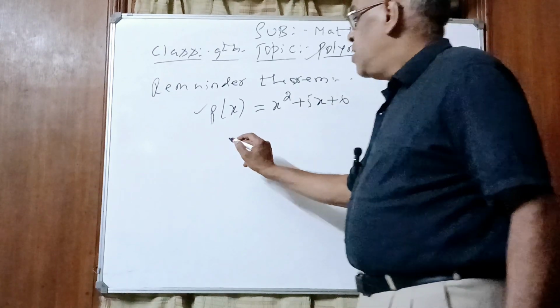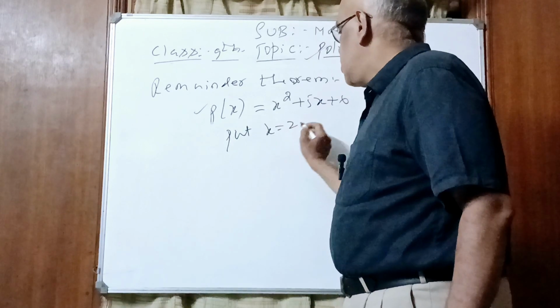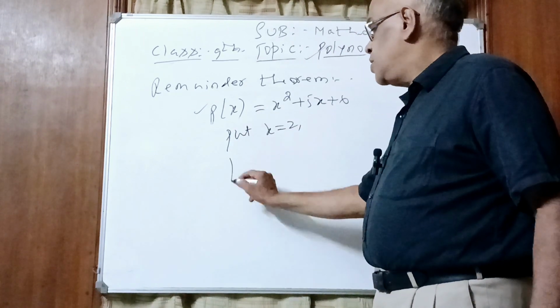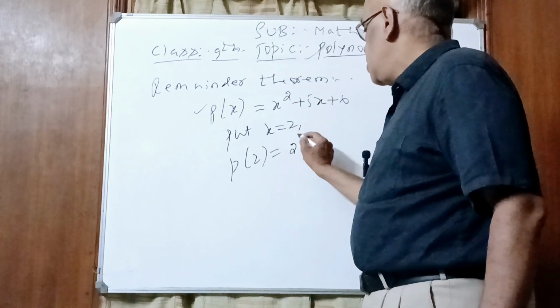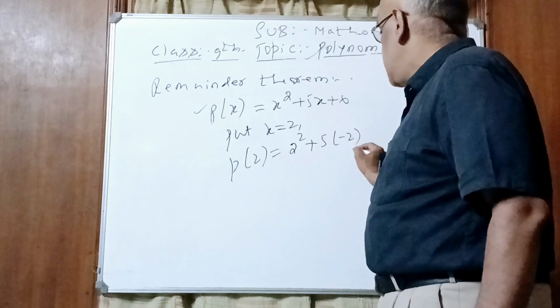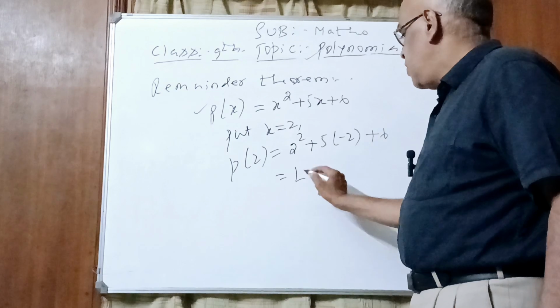Now take, children, x is equal to 2. In this polynomial, wherever x is there, put 2. What will we get? 2 square plus 5 into 2 plus 6. What is 2 square, children? 4.